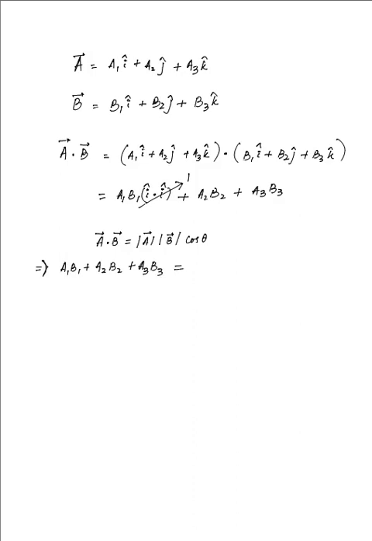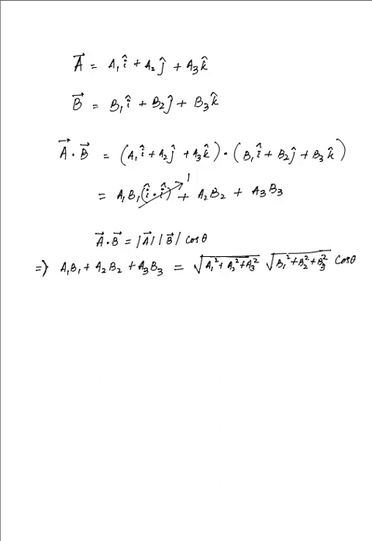And on the right hand side, the magnitude of A, as we've discussed earlier, is just the square root of a1 square plus a2 square plus a3 square, and the magnitude of B is obviously b1 square plus b2 square plus b3 square, all under root, multiplied with cos theta.